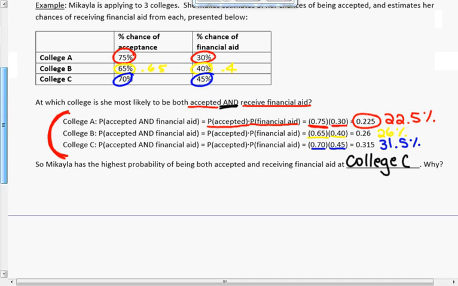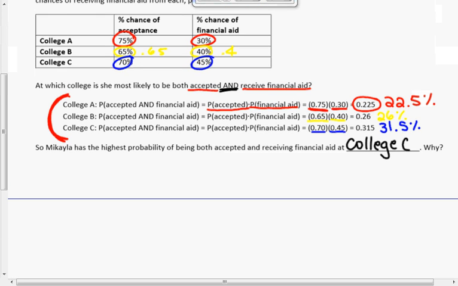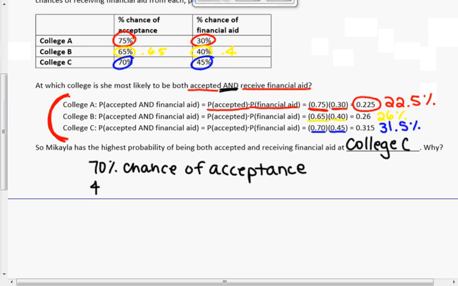And the highest chance of financial aid at 45%. We'll just abbreviate and do that. Okay.